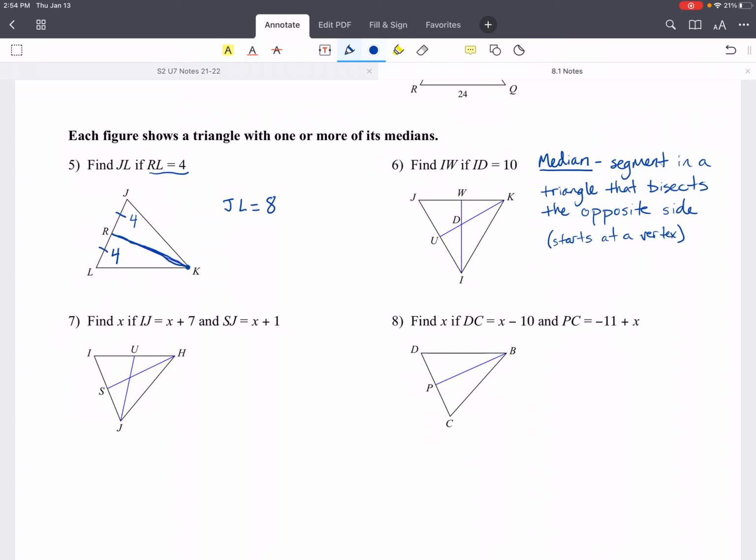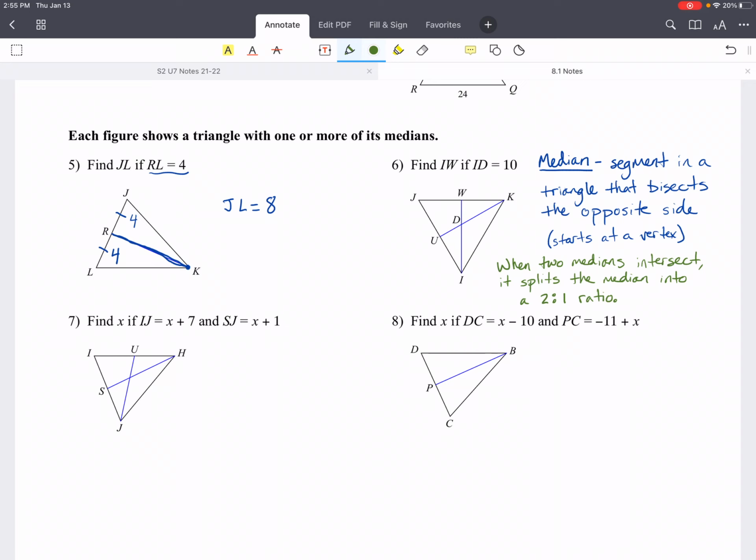Okay, something else to know about medians. When two medians intersect, it splits the median into a 2-to-1 ratio.